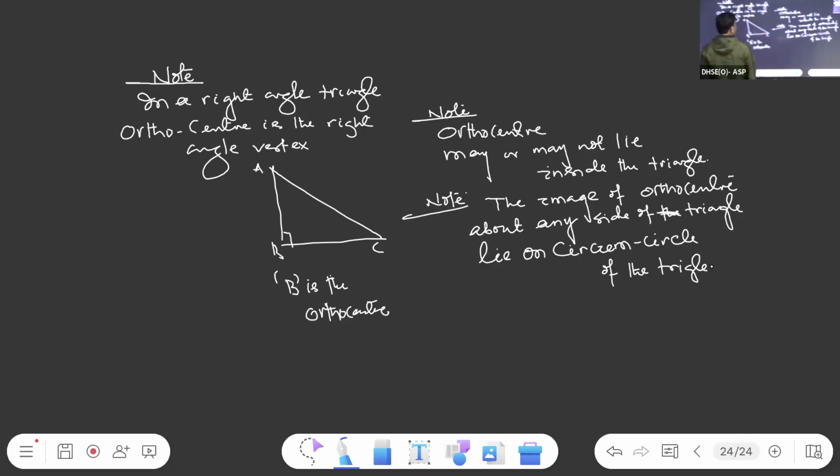The image of orthocenter of a triangle about any side of the triangle lies on the circumcircle.